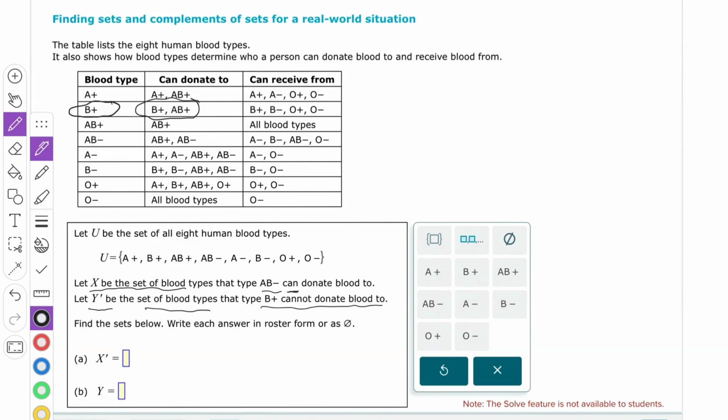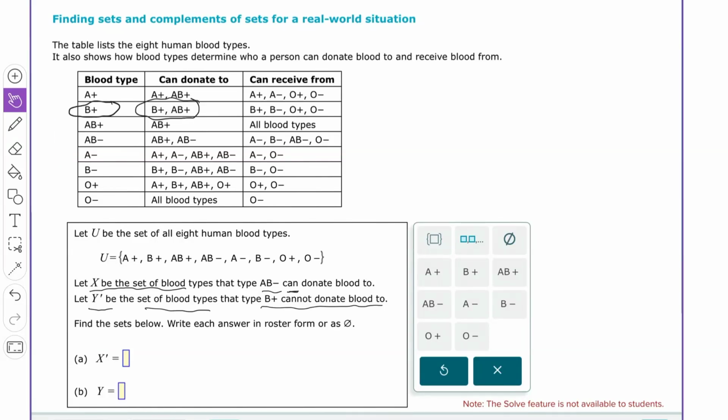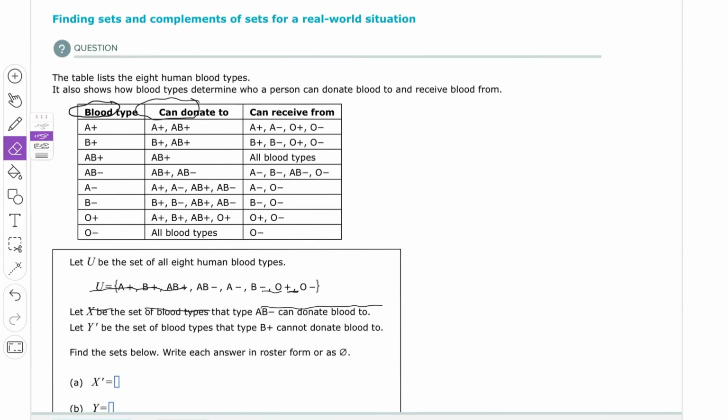So you're going to pick the ones that they can donate blood to. That's the opposite. Just think opposite a lot. Okay? Because this program that I'm using is a little bit difficult when it comes to typing in those answers, let me show you the solution.